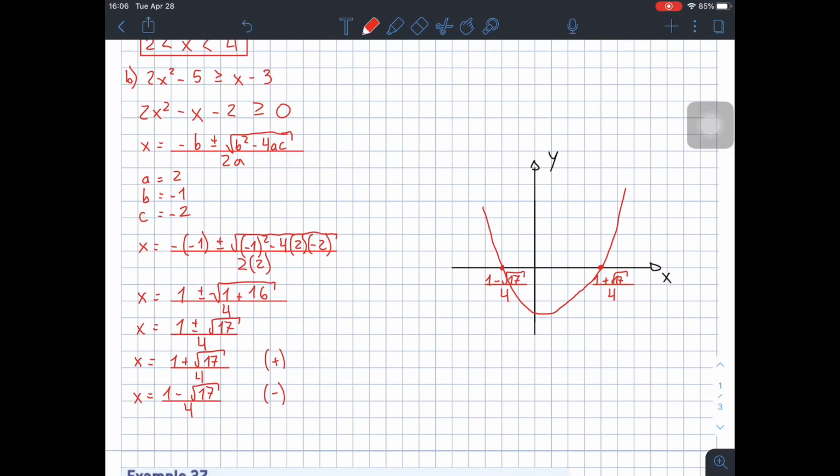So now I'm going to analyze the expression. It says that the quadratic function 2x squared minus x minus 2 should be greater or equal than 0, okay? So in which values should I observe? The expression should be greater or equal than 0 in this case.